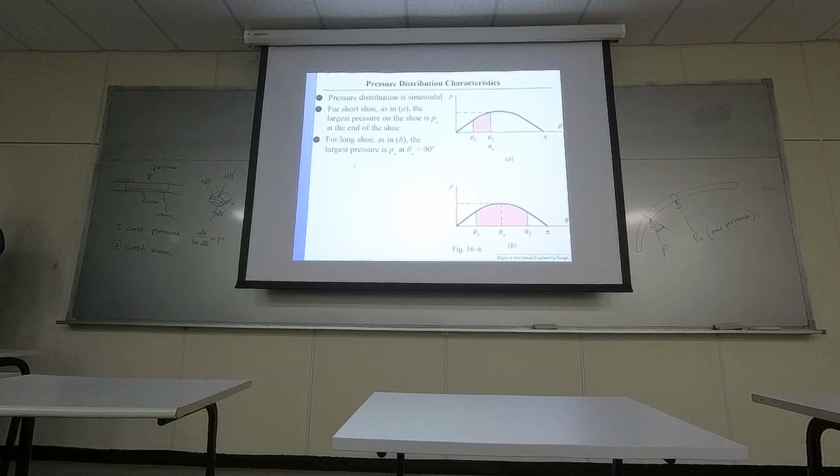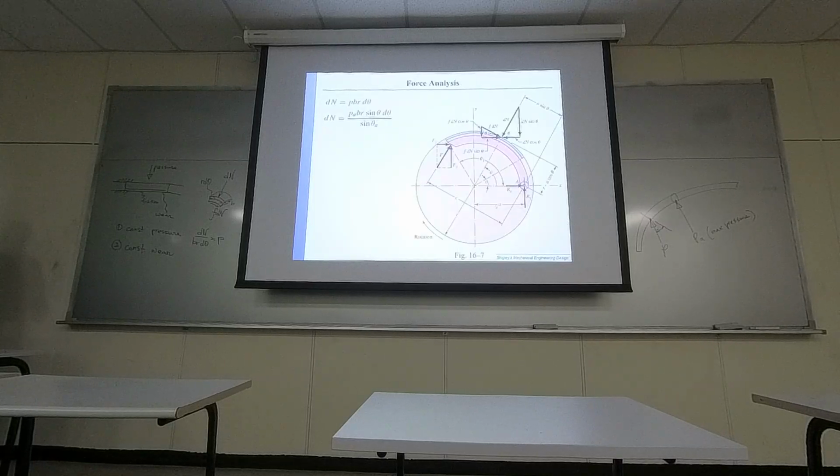But if you have a long material and within the material there's a certain position where your force is 90 degrees perpendicular toward the material, then you will experience the largest force. So from here, you just apply the model: P replaced by PA times sine theta over sine theta A.